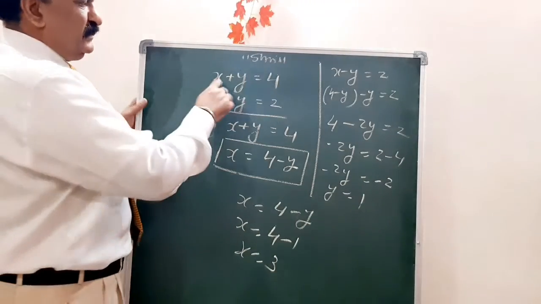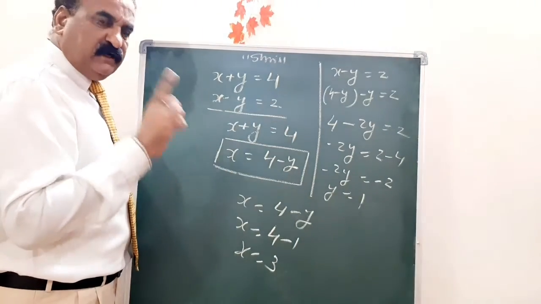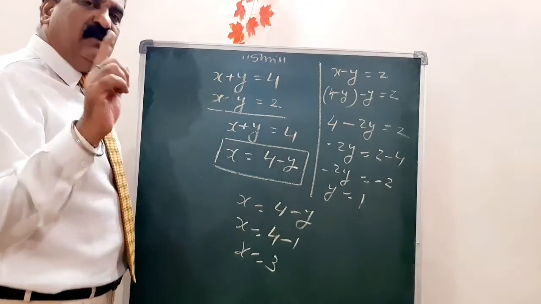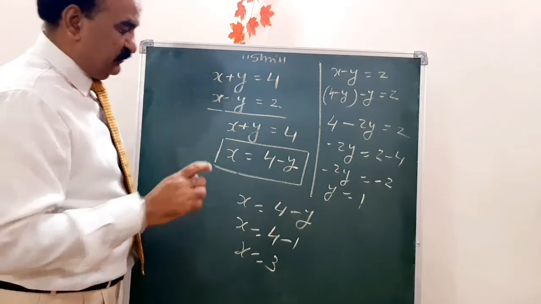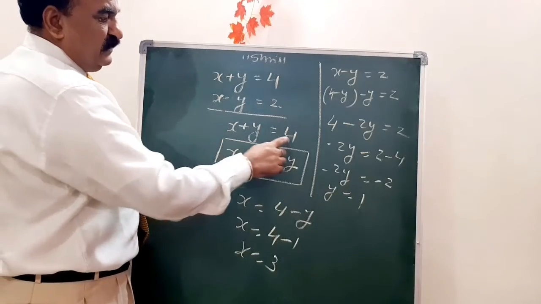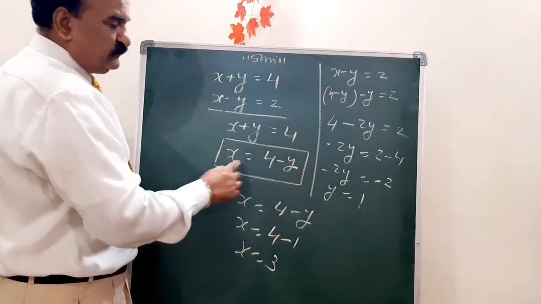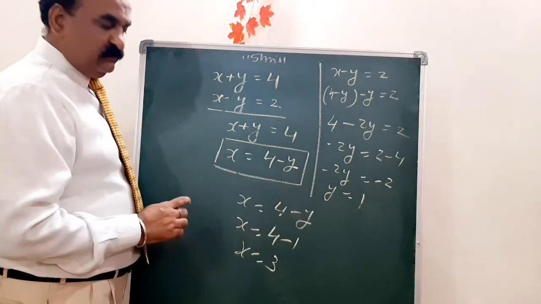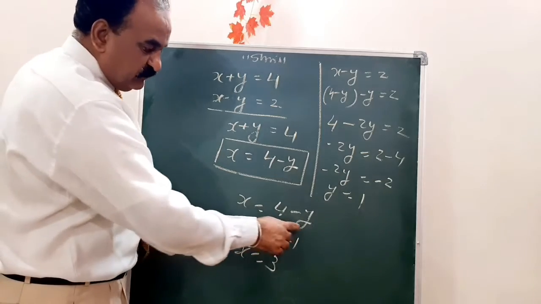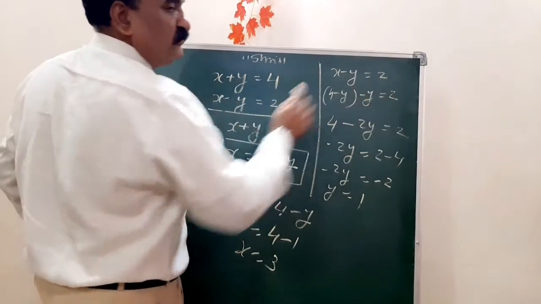Again see, x plus y is equal to 4, x minus y is equal to 2. What you have done? You have to find the value of single x or single y with the help of any equation. So x plus y is equal to 4, this I have taken. Transfer plus y to this side, so x is equal to 4 minus y. Now put x is equal to 4 minus y in the second equation, x minus y equal to 2.